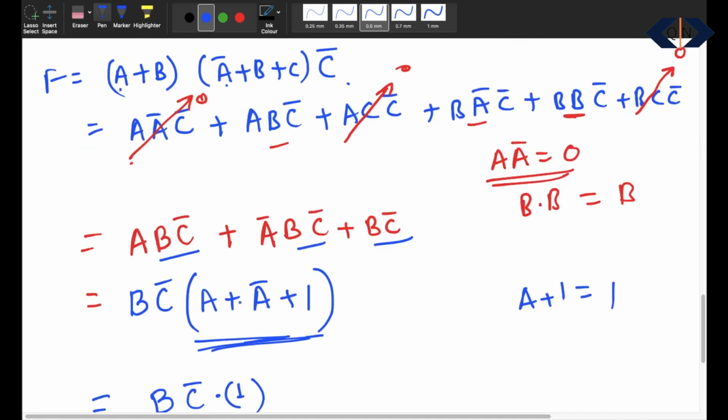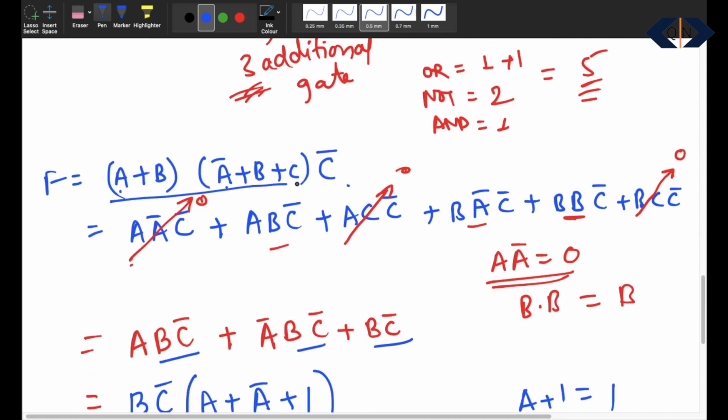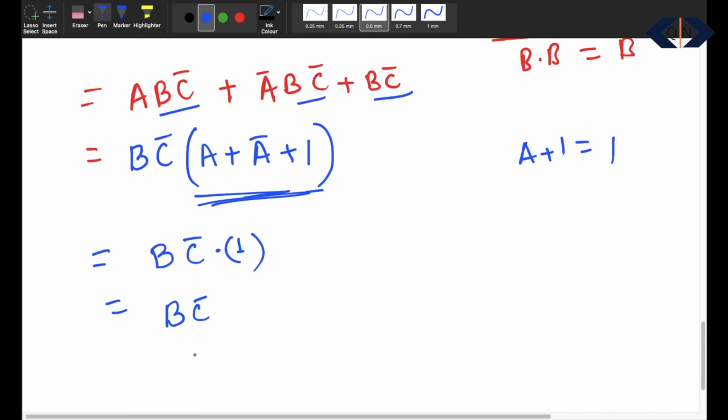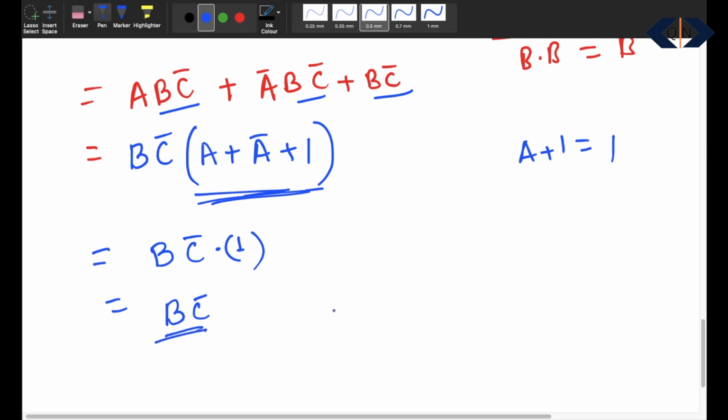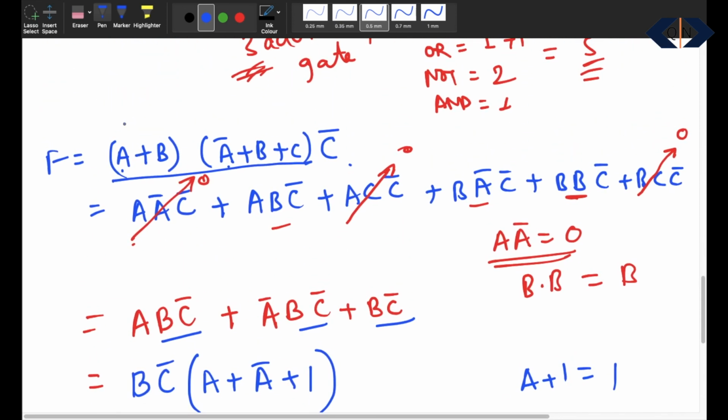So from here to here, how many gates are required now? We can make this circuit using B and C and one NOT gate combined with an AND gate. So see, only 2 gates are required now, while previously how many gates were required?